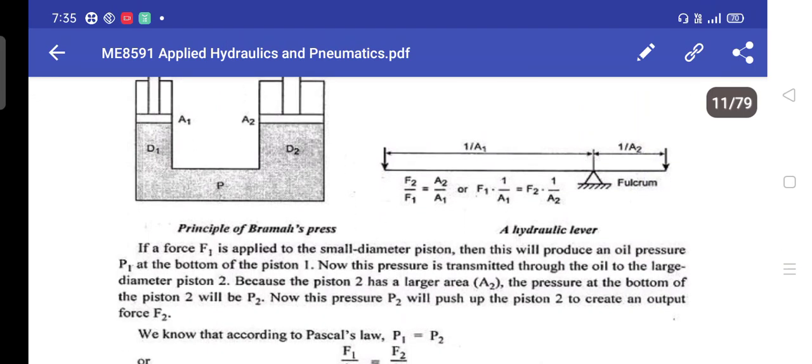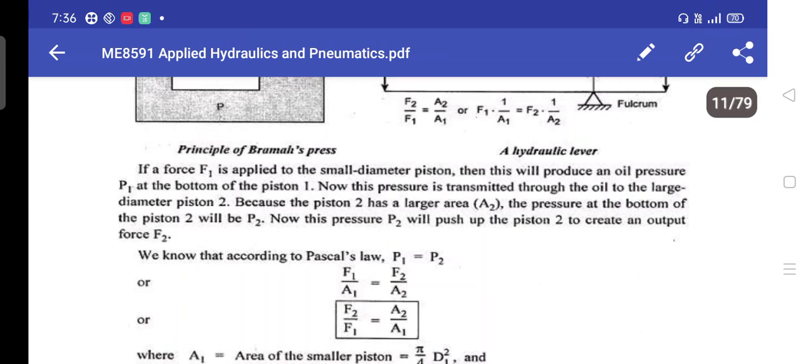If a force F1 is applied to the smaller piston, then this will produce an oil pressure P1 at the bottom of the piston. Now the pressure is transmitted through the oil to the large diameter piston 2. Because piston 2 has a larger area, the pressure at the bottom of piston 2 will be P2. Now the pressure P1 will push piston 2 to produce an output force F2.